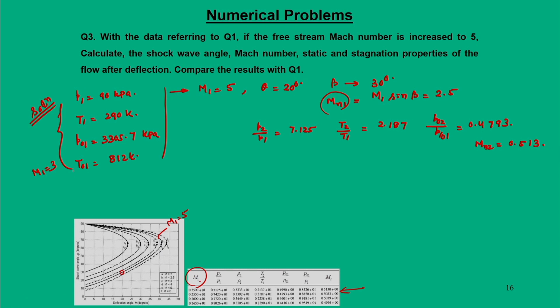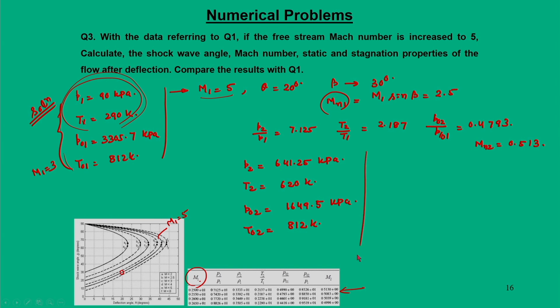Now, with this data, initial data for P1 and T1 and with M1 of 5, we can calculate P2 as 641.25 kilopascal and T2 as 620 Kelvin, P naught 2 as 1649.5 kilopascal, and T naught 2 remains the same, 812 Kelvin.